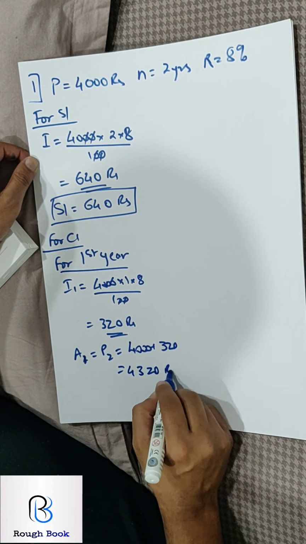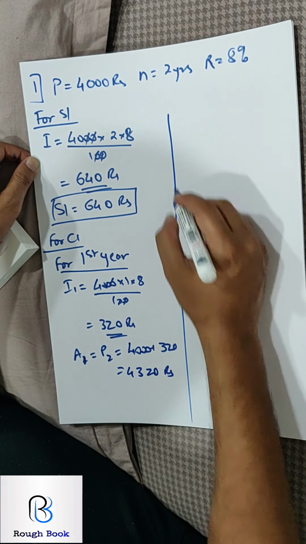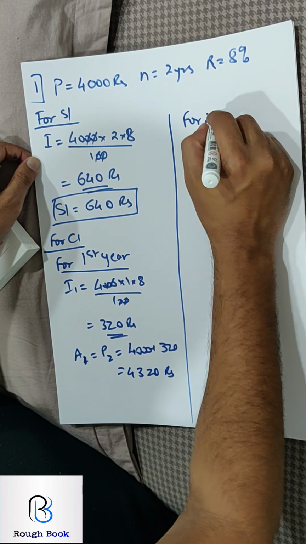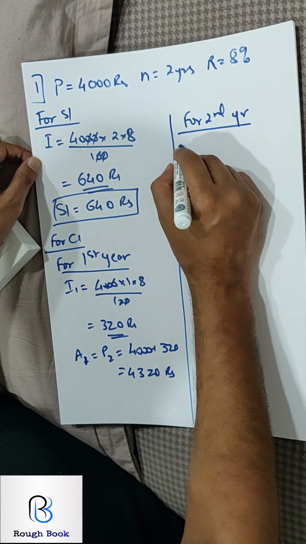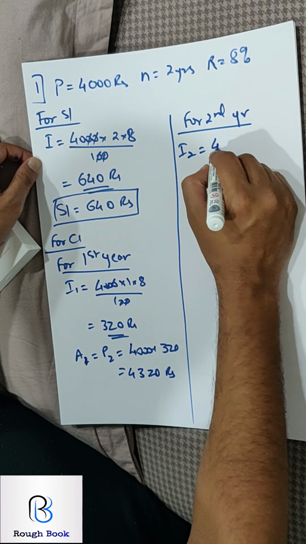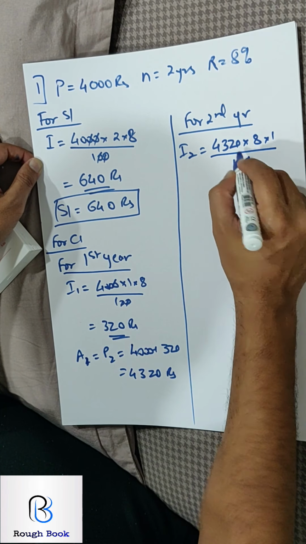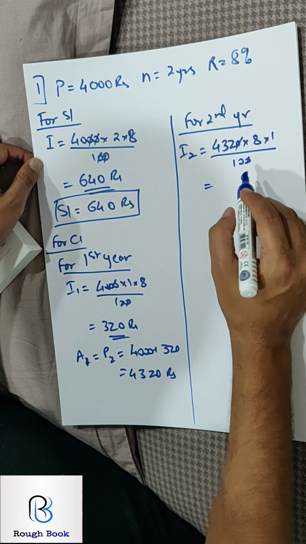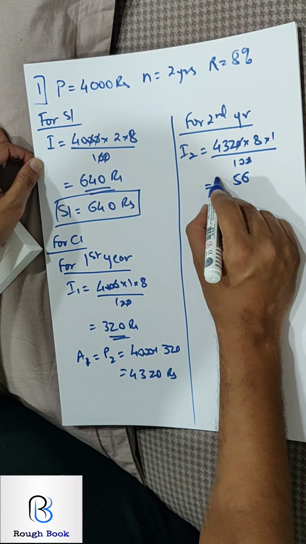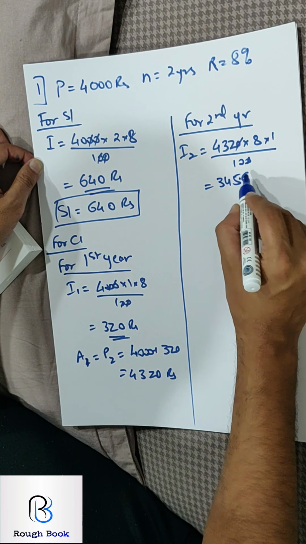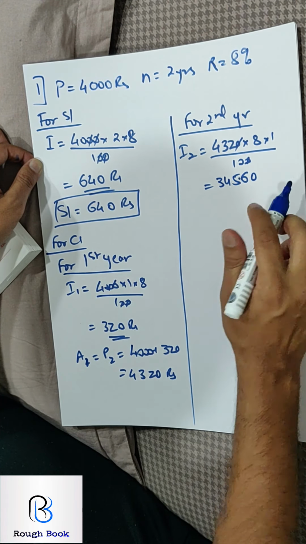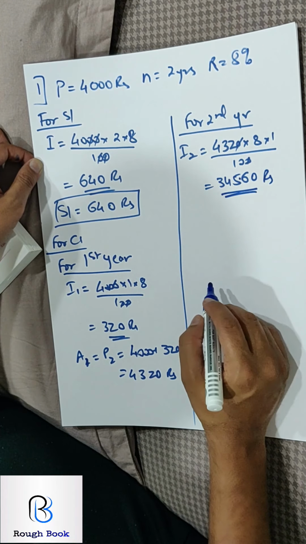So 4320. Let's go for the second year. So for second year, I2, 4320, 8% again, 1 year. 8 2s are 16, 8 3s are 24 and 1 is 25, 34. Keep it in 2 decimals, add a 0 because it is rupees.